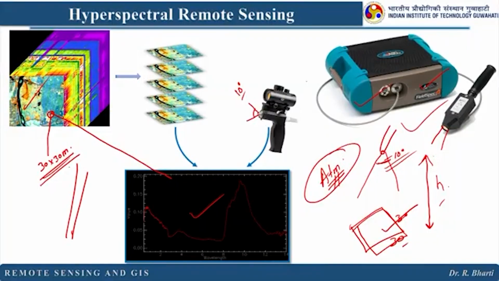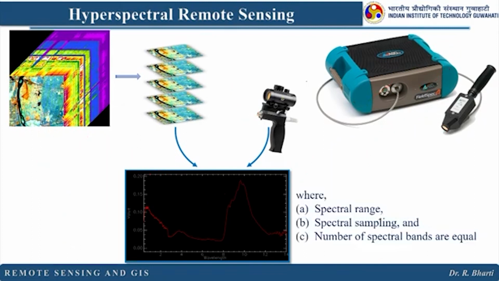So, this lab instrument or the field instrument can be used to upscale the field information or lab information to satellite scale. So, this is how we are generating or matching the spectroradiometer and hyperspectral remote sensing data from space.